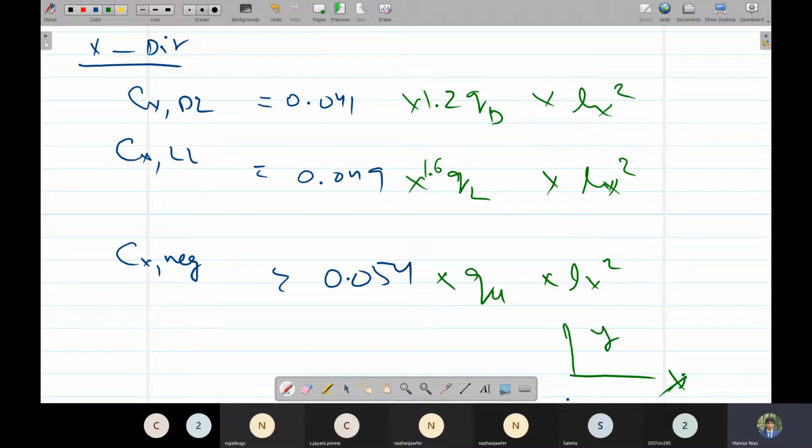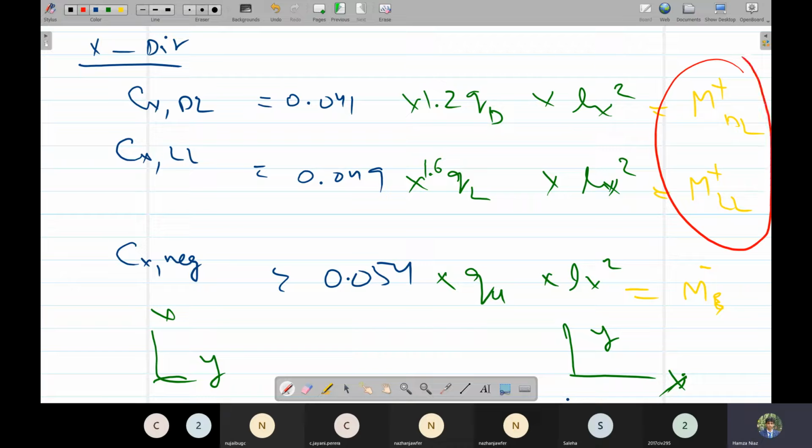It can be like this also, depending on the shorter direction. X direction is always shorter. So this would give us the dead load moment, the live load moment, and the negative moment. The top two would give us the positive moment, and the bottom one would give us the negative moment.